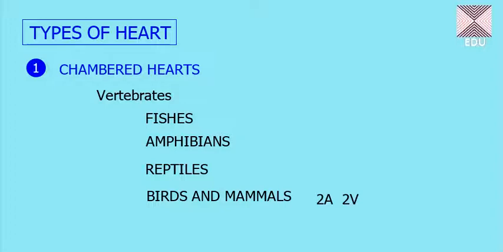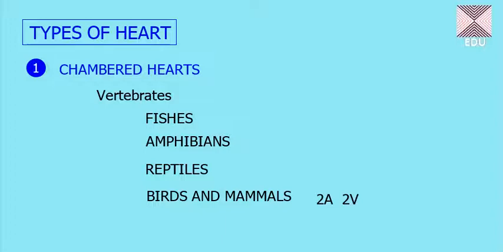So we have got bicuspid and tricuspid valves also in the case of mammals and birds, but the systemics are on the opposite sides in the case of birds and mammals. So that will be taken in the particular topic of the evolution of the heart.